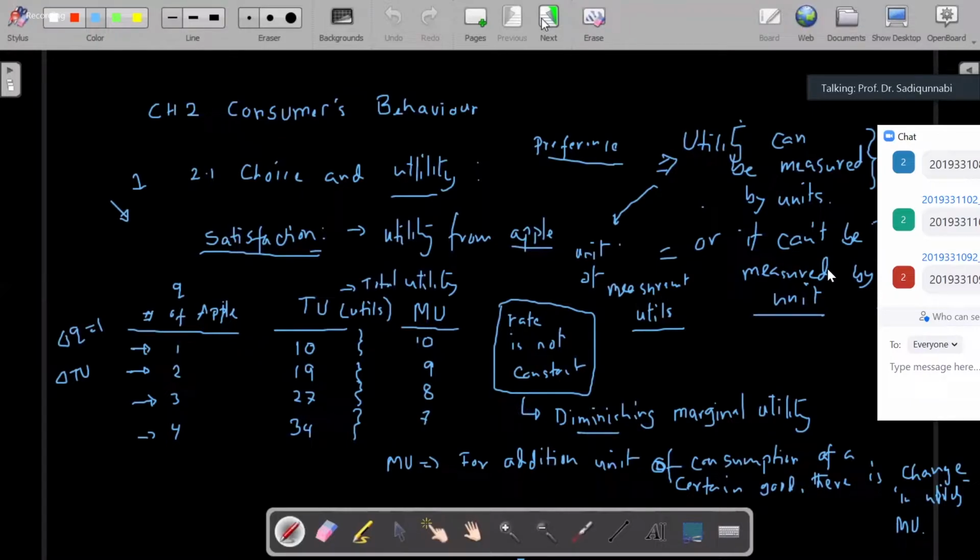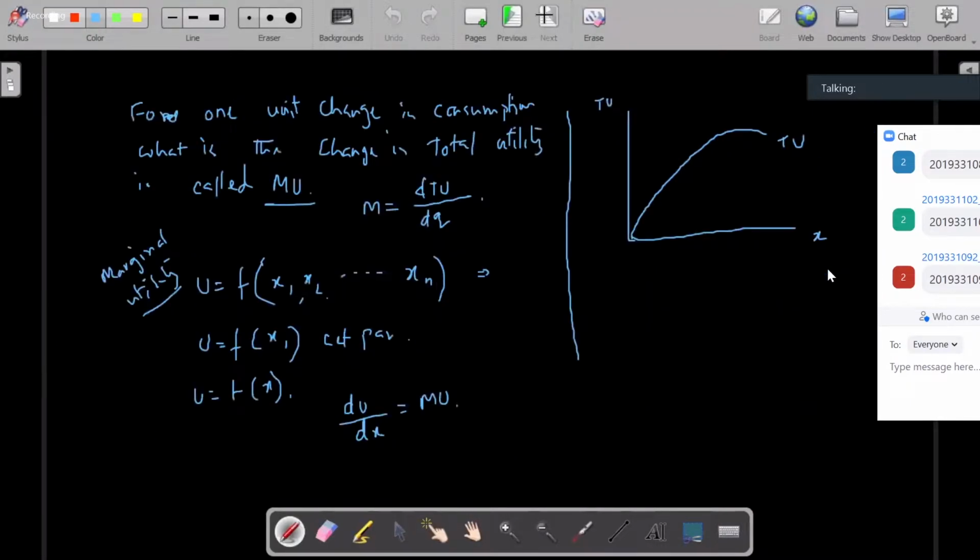Have you seen this? When it is increasing at an increasing rate, the curve could look like this.